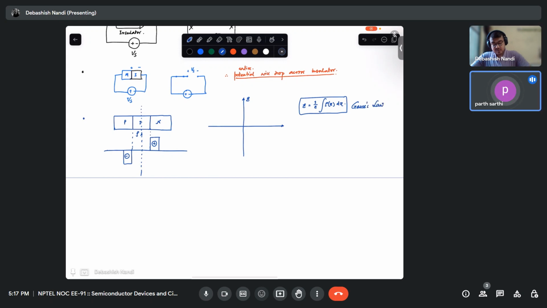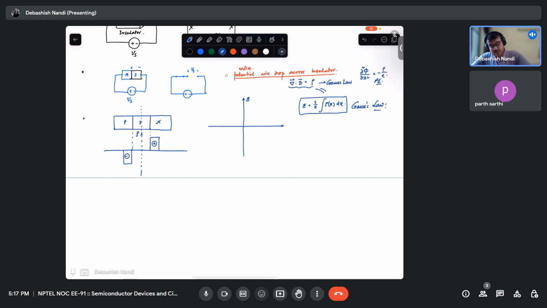Yes, sir. The differential form is Poisson's law. Poisson is nothing but del square phi over del x square equals minus rho by epsilon. This is your Poisson equation. This is your Gauss law. Remember that. This is the same thing you study in your electromagnetic field theory.